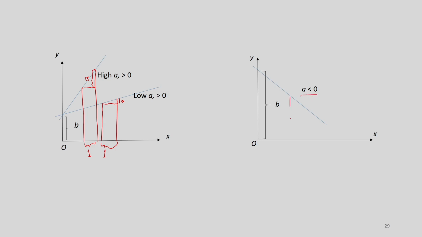Therefore, as x is rising, you have a decline of the value of y. So, here a is negative, and b here you can check it is positive, and b here is given by this portion on the y axis.